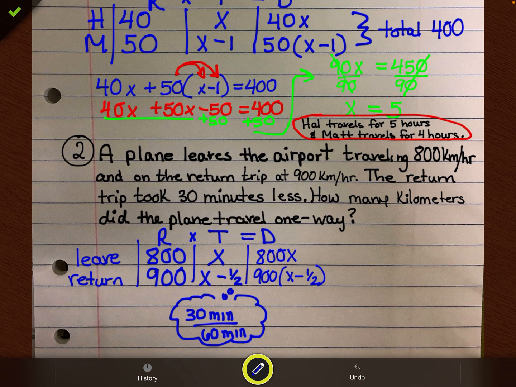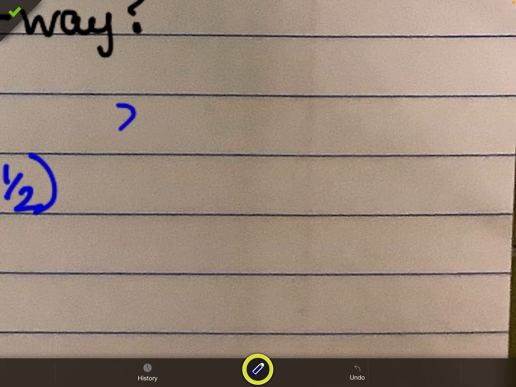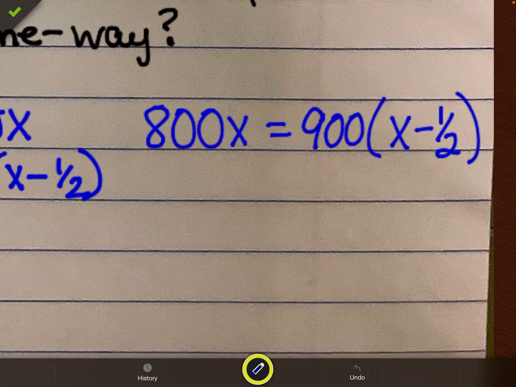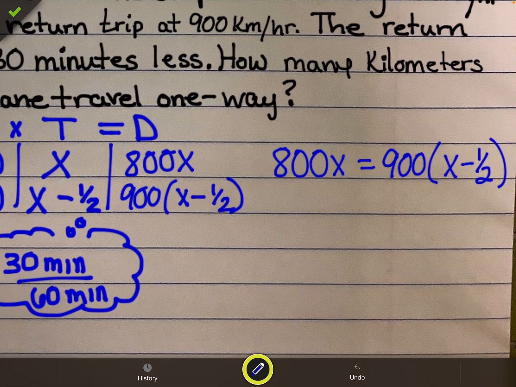Because we're talking about a round trip, that means the distance there should be equal to the distance back. So my equation is going to be setting those two distances equal to each other. 800x equals 900 times the quantity x minus 1/2. The first step from here then is to distribute the 900 through the parentheses.